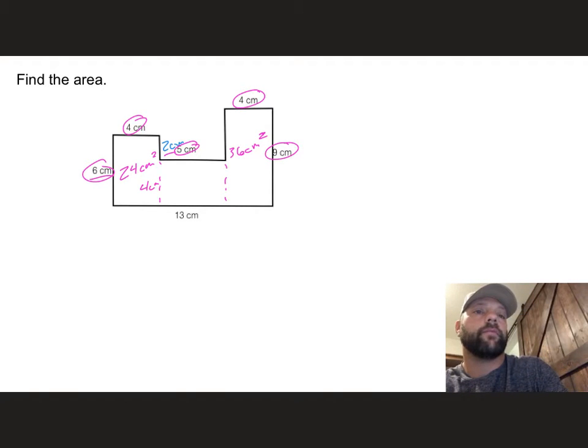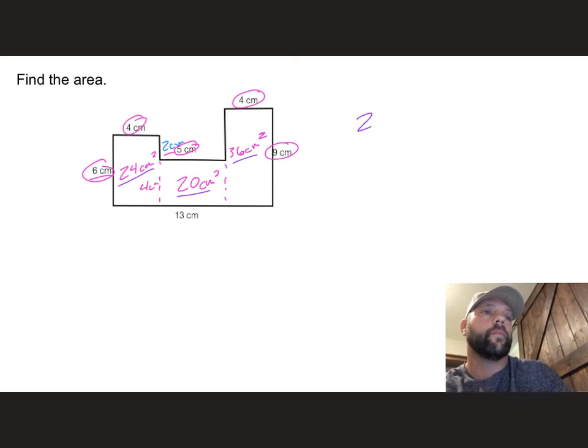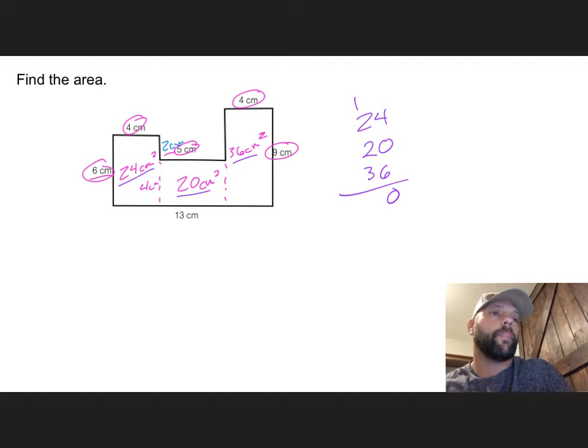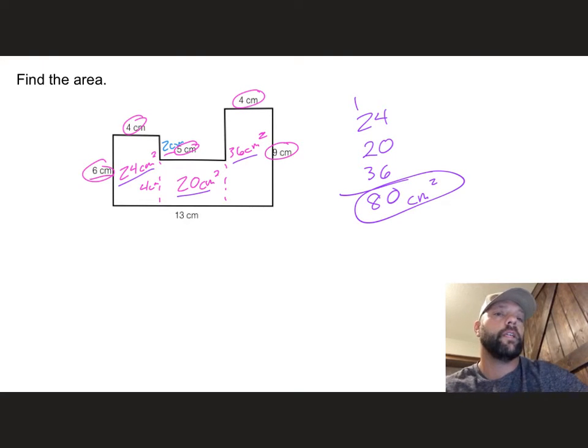So 5 times 4 would give me 20 centimeters squared. Okay. Then what works out really slick is I take those 3 answers, 24, 20, and 36. Add them all together. 80 centimeters squared is my answer.